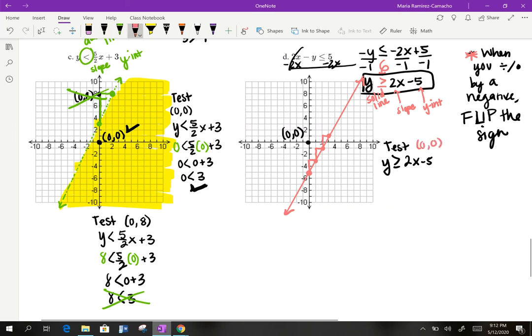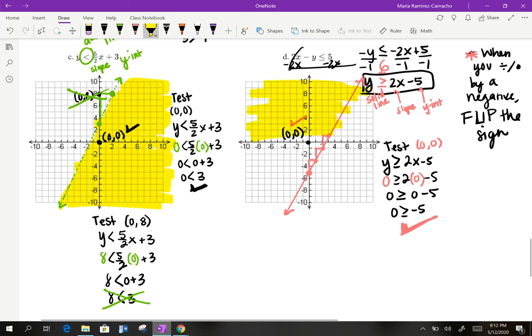So I'm going to plug in 0 for y, and I'm going to plug in 0 for x. And if this works, then I'm going to shade towards 0, 0. Is 0 greater than or equal to -5? It is. Thank goodness. That means I'm going to shade in this direction.